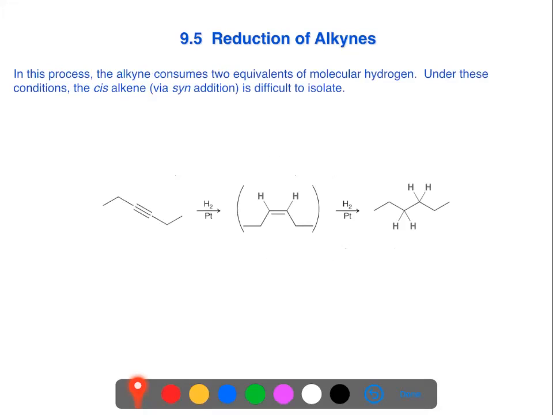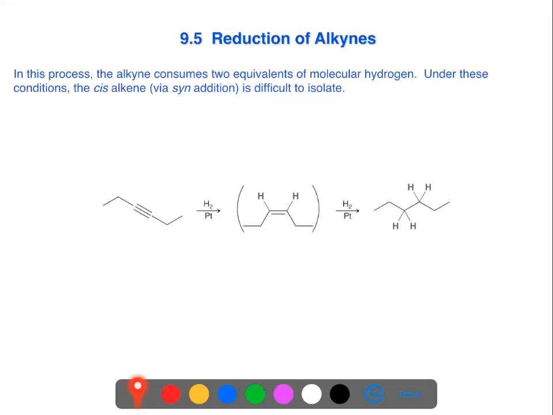Now, in the reduction of alkynes, the alkyne must consume two equivalents of H2, molecular hydrogen. So under these conditions, the cis-alkene that is formed via syn addition is rather difficult to isolate. And so in general, we cannot isolate the cis-alkene when we carry out the reaction under these conditions.